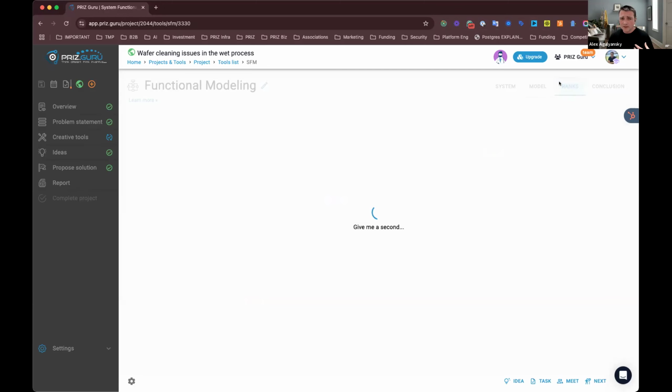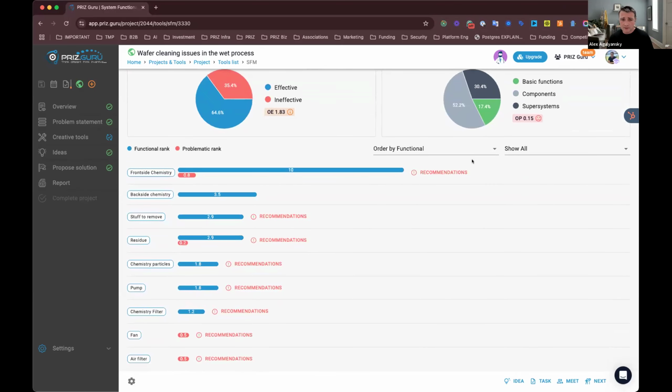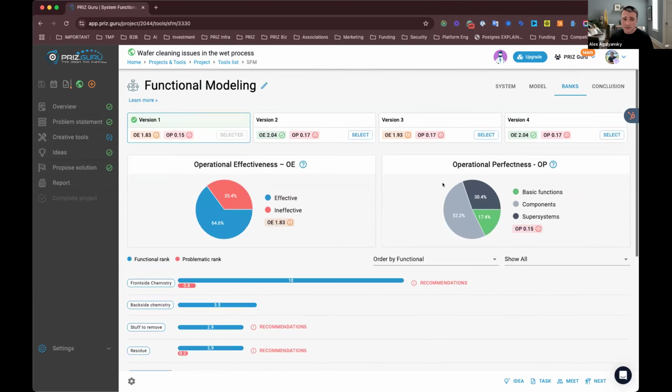And of course, the platform calculates a lot of pieces like the functional rank and problematic rank. And what we introduced in here is operational effectiveness and operational perfectness. Now, why is that important?